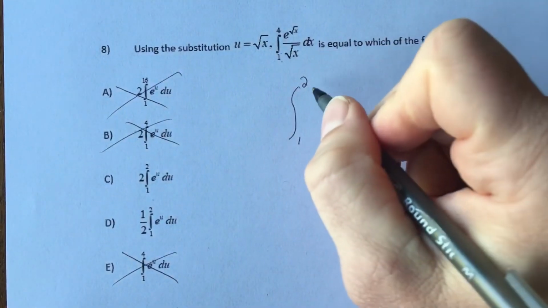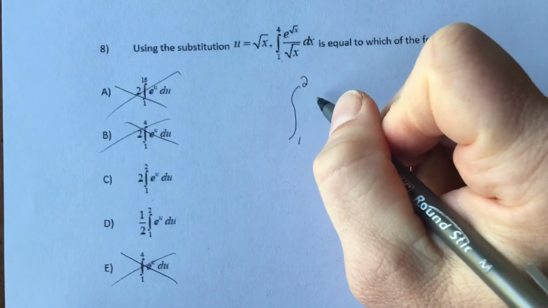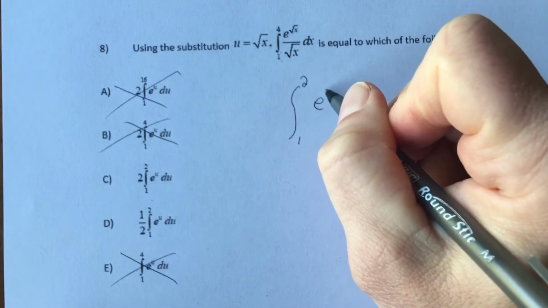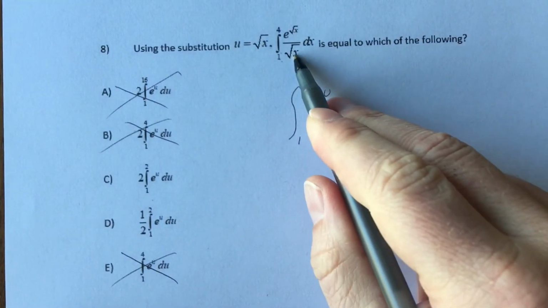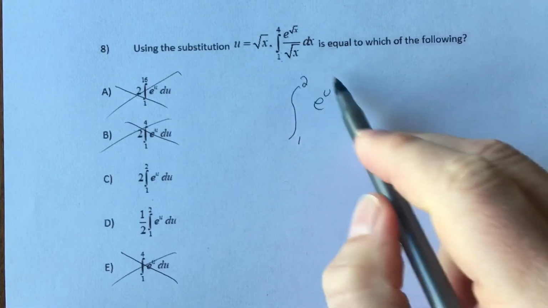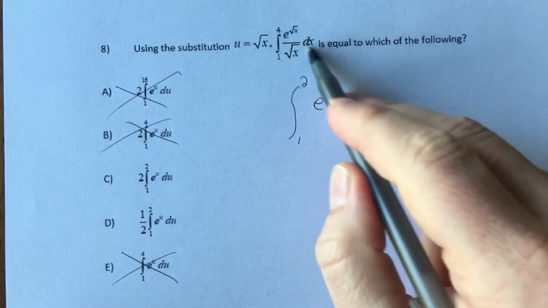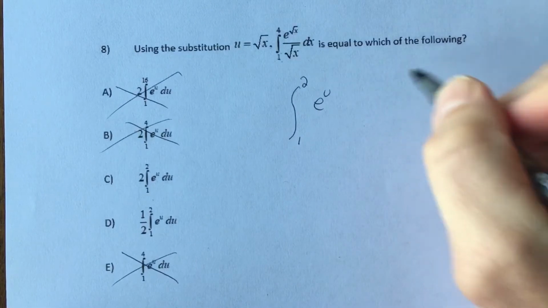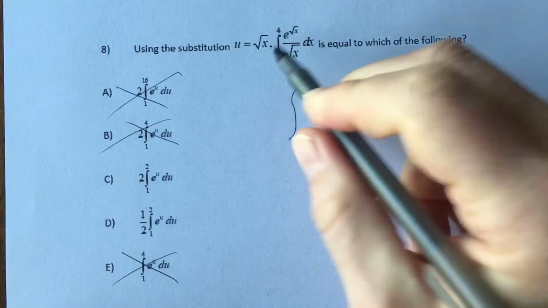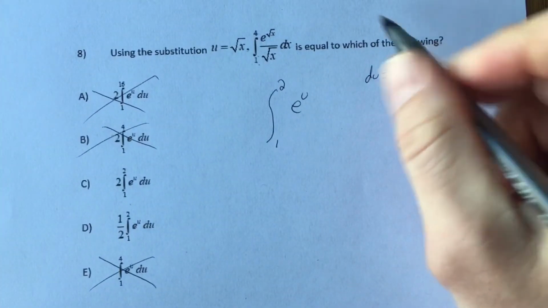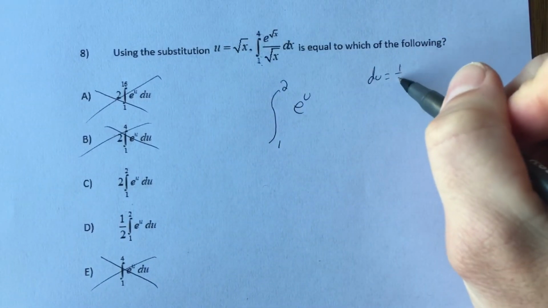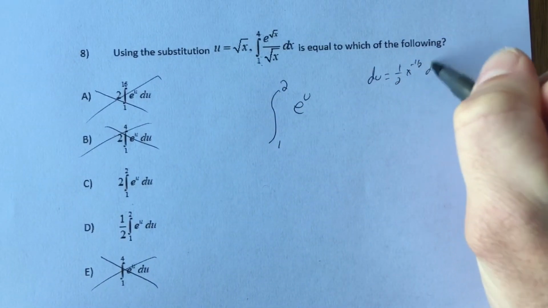Okay? Now, if I kind of finish this out, I'm going to have e to the u. Now, you might be tempted to put a u here, but we don't want that right now. We've got to replace the dx. That's where this is going to cancel. So du is equal to the derivative of square root of x, which is 1/2 x to the -1/2 dx.